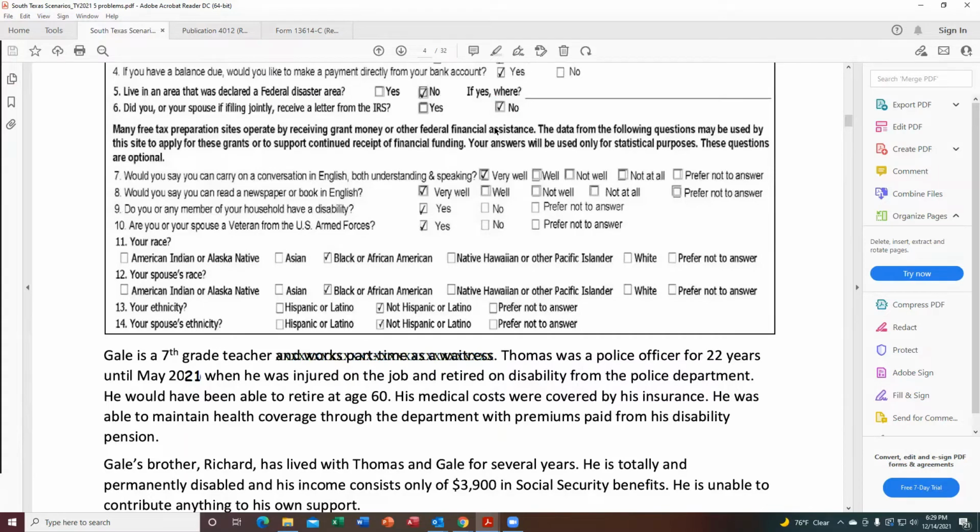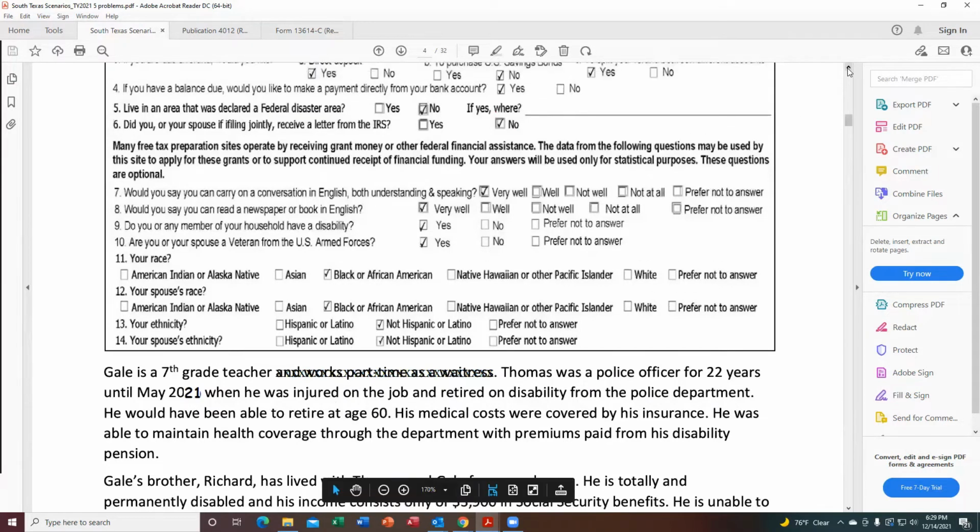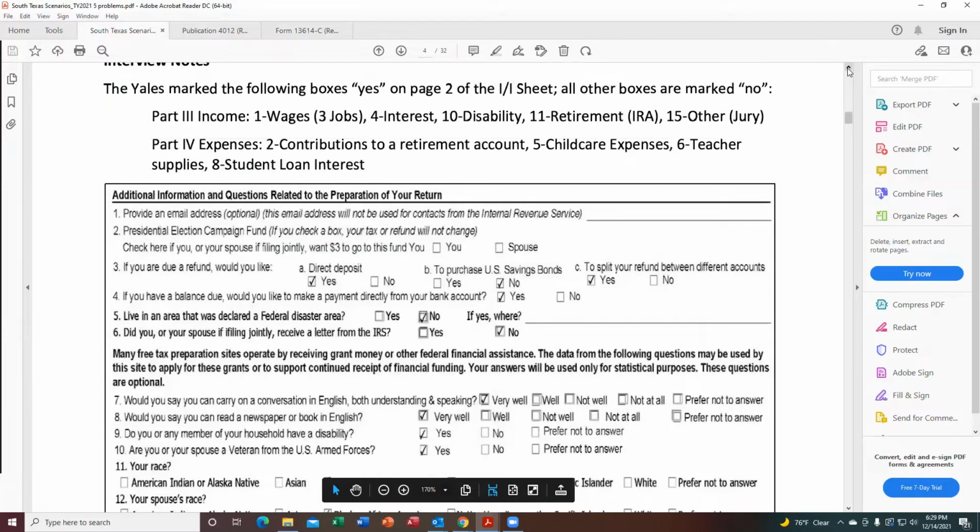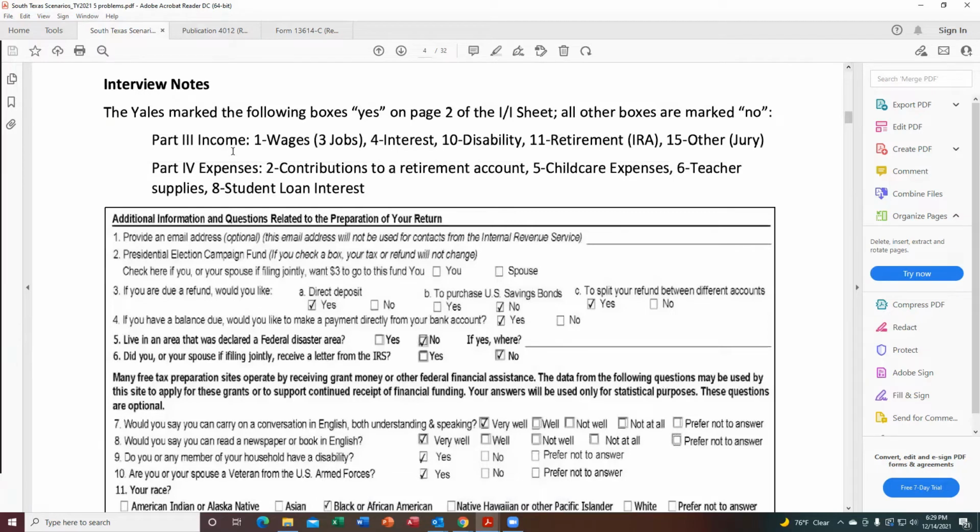Okay, the next area here, we don't have all of it complete, but on part 3, we do have wages and 3 jobs are shown. There's interest, there's disability income, there's retirement from an IRA, there's jury duty.